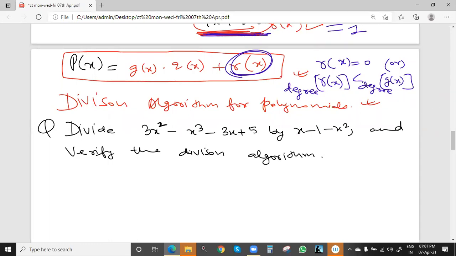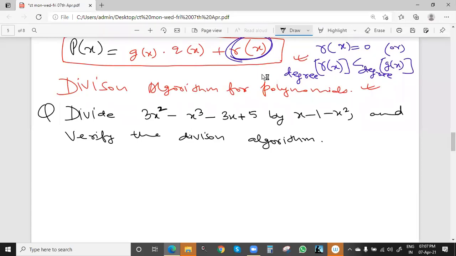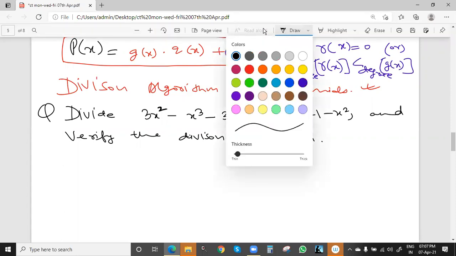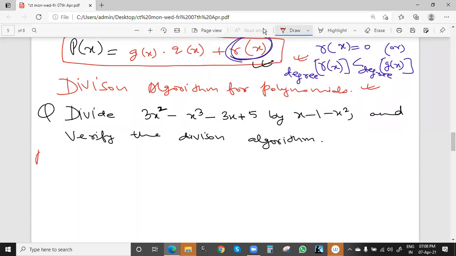To verify, we have to write it in this form and check that the degree of r(x) is 0 or less than that of g(x). If that is satisfied, then you can say this equation is called the division algorithm of polynomials. This equation is verified. Everyone will try, and the time is 5 minutes for this question. Then we'll see the next one.